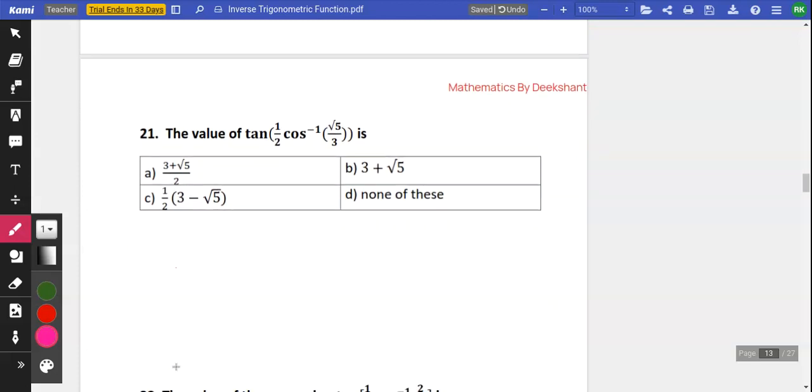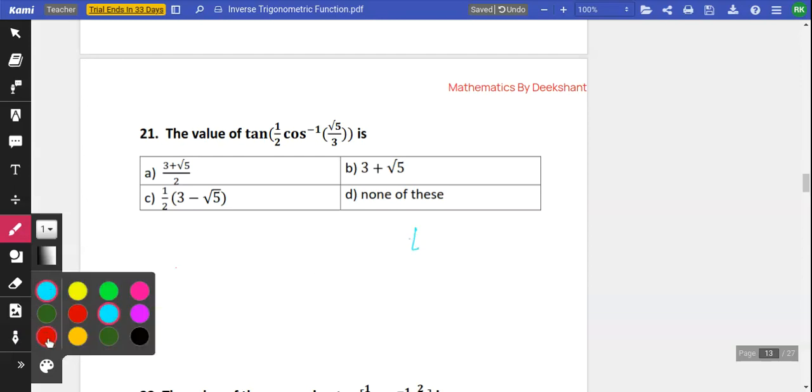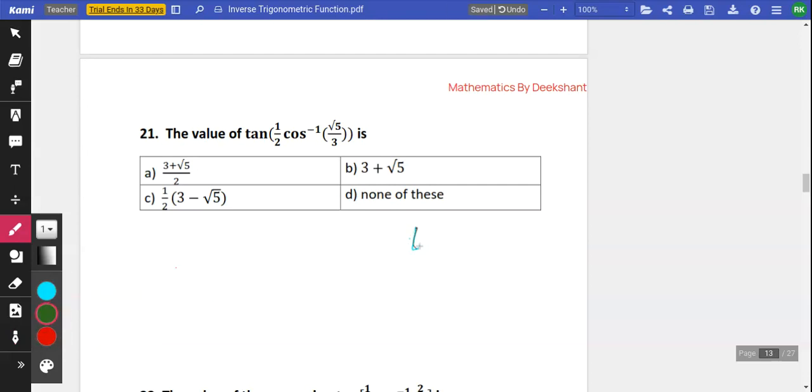In this question, we have to find the value of tan of 1 by 2 cos inverse square root of 5 by 3. Basically, the formula of tan theta by 2 is equal to the square root of 1 minus cos theta upon 1 plus cos theta.